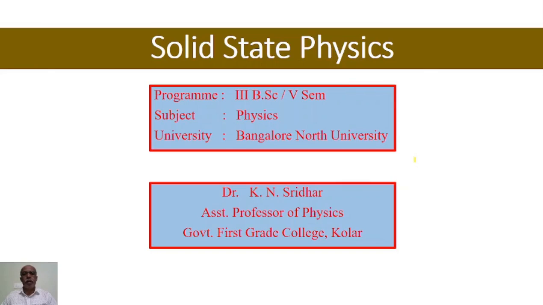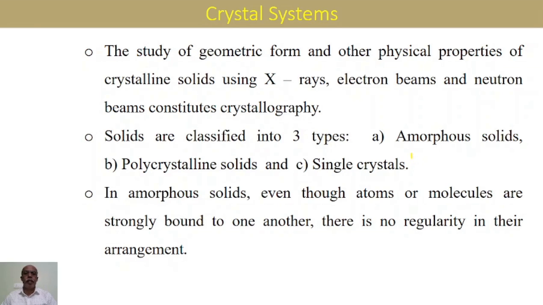Now we are discussing a few concepts in solid state physics, under which we study Introduction to Crystal Systems. The study of geometric form and other physical properties of the crystalline solids with the help of X-rays, with the help of electron beams, and with the help of neutron beams together constitute what is known as crystallography.